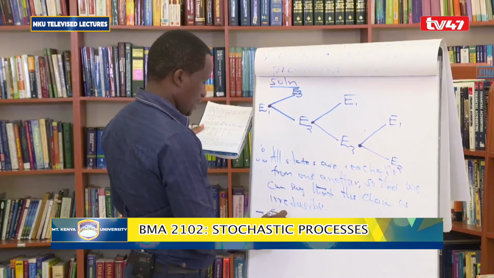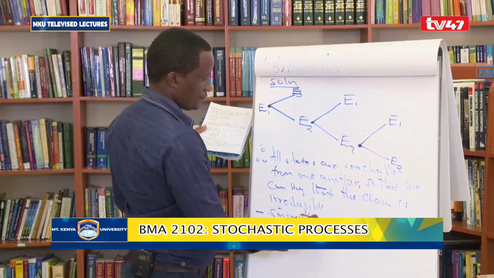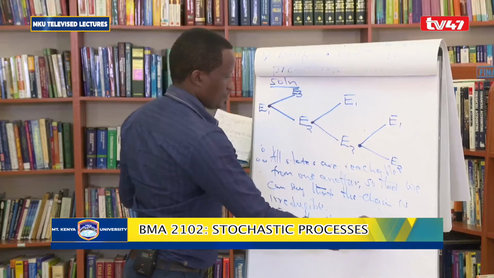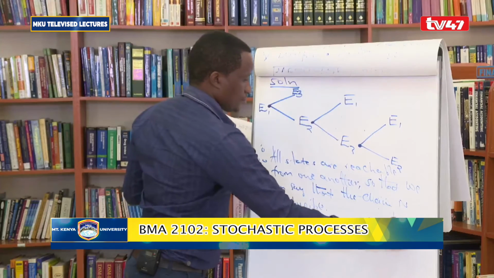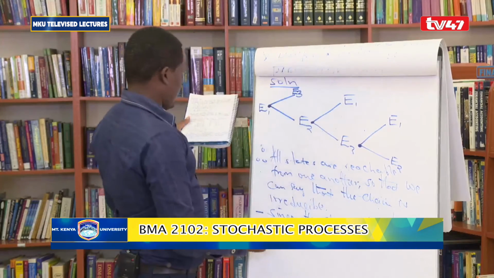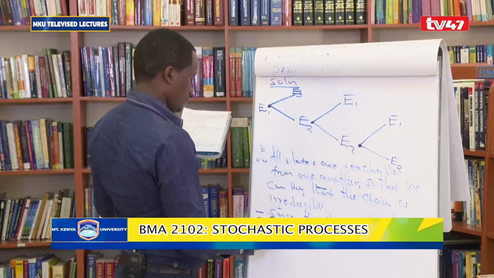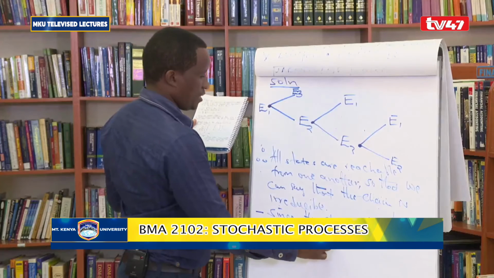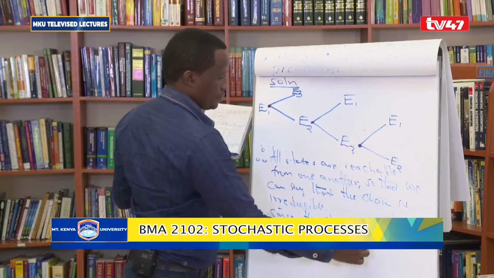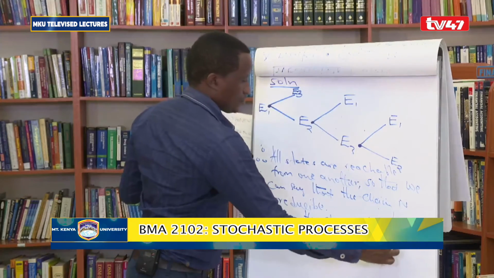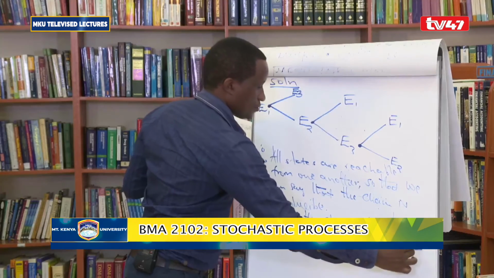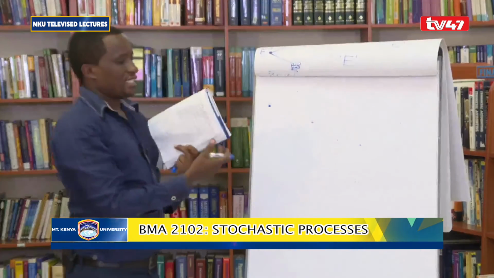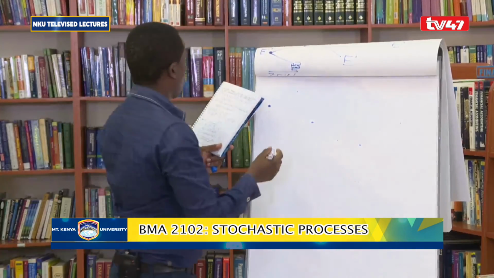Now, since the chain is irreducible, all states have the same property. Therefore, we can use one state as a representation of all the others.